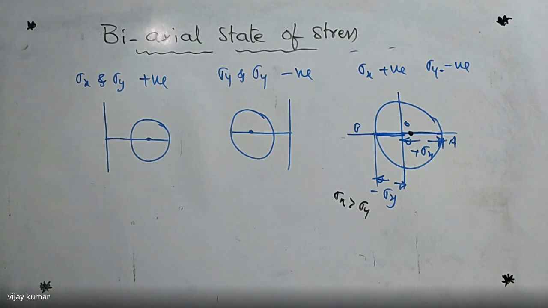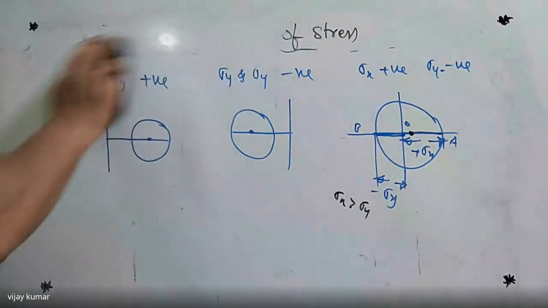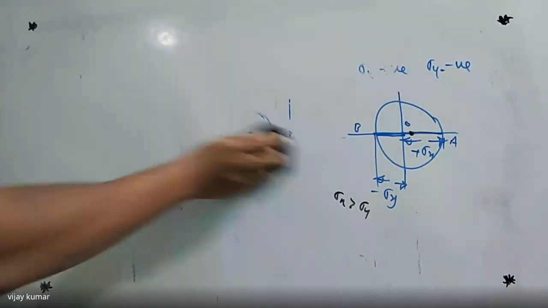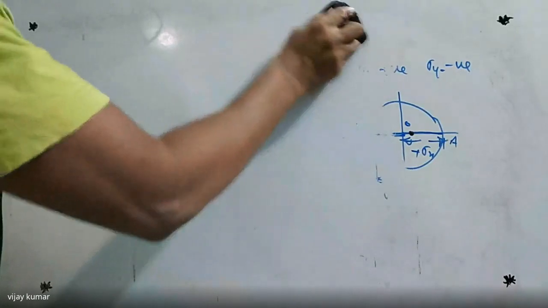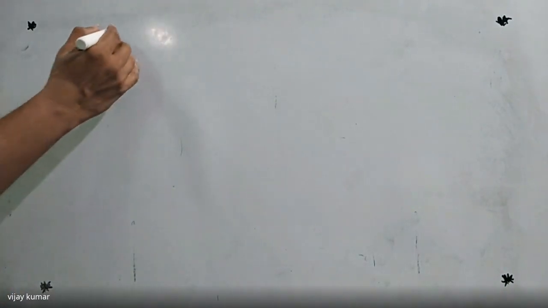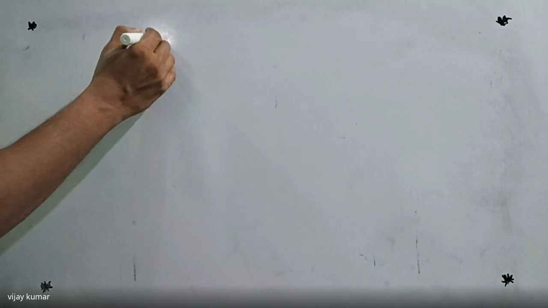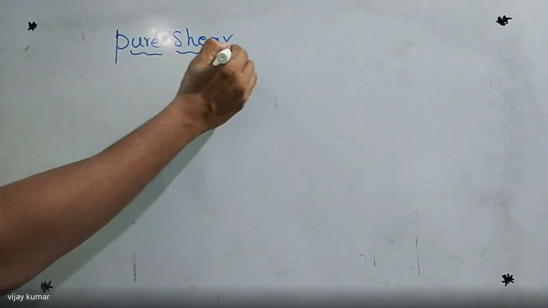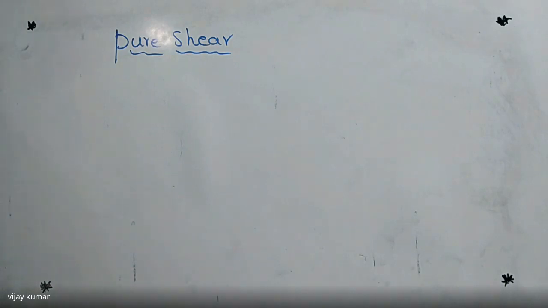Now in the third case, I'm going to explain how to draw the Mohr circle diagram for pure shear.